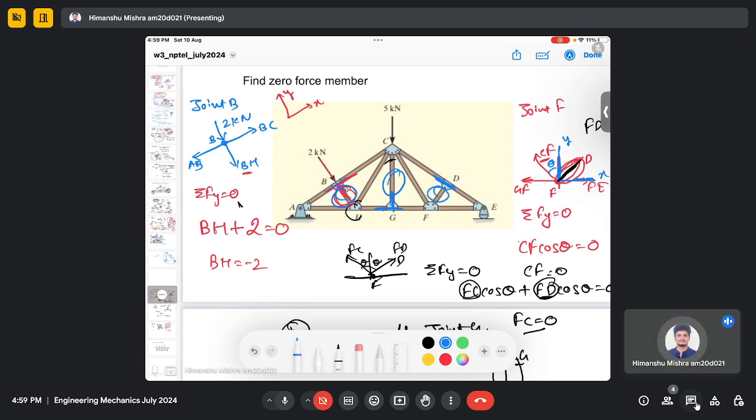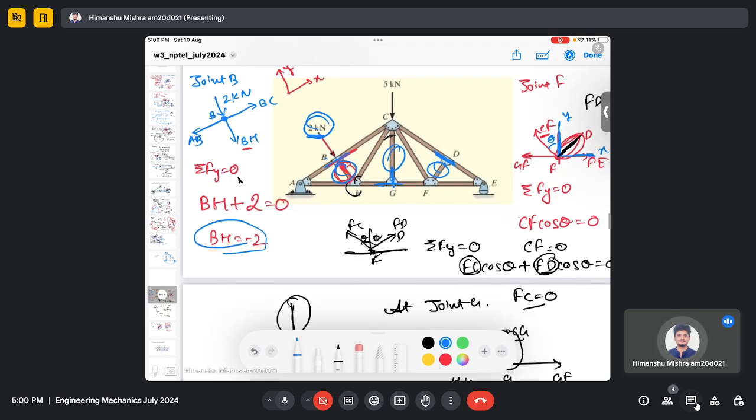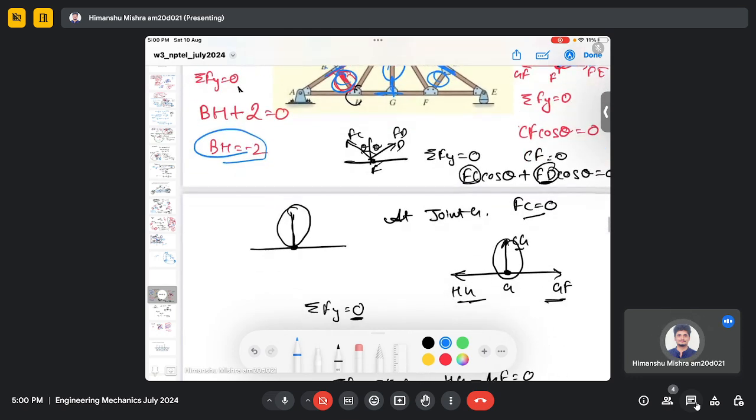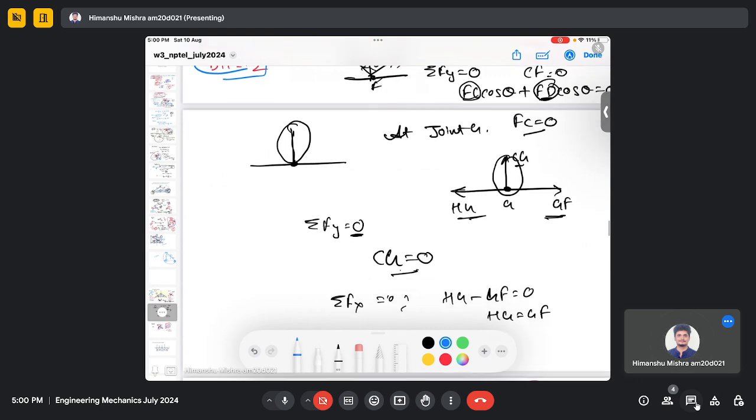But here in this member it is not 0 because of this external force which is acting in that direction at point B. So if you have an external force acting, then even at a perpendicular joint you may not find a zero force member. And then you can take other joints and check whether you find the zero force member or not by using the method of joints.